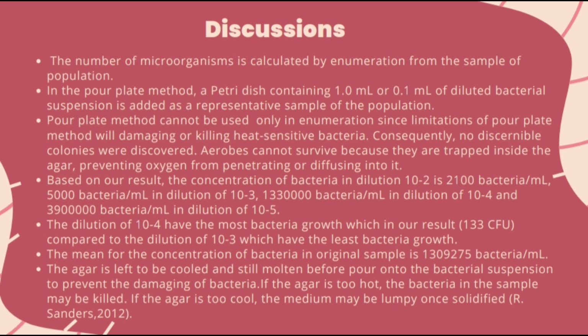Based on our result, the concentration of bacteria in dilution 10 to the power of negative 2 is 2,100 bacteria per ml, 5,000 bacteria per ml in dilution of 10 to the power of negative 3, 1,330,000 for dilution of 10 to the power of negative 4, and 3,900,000 bacteria per ml in dilution of 10 to the power of negative 5.